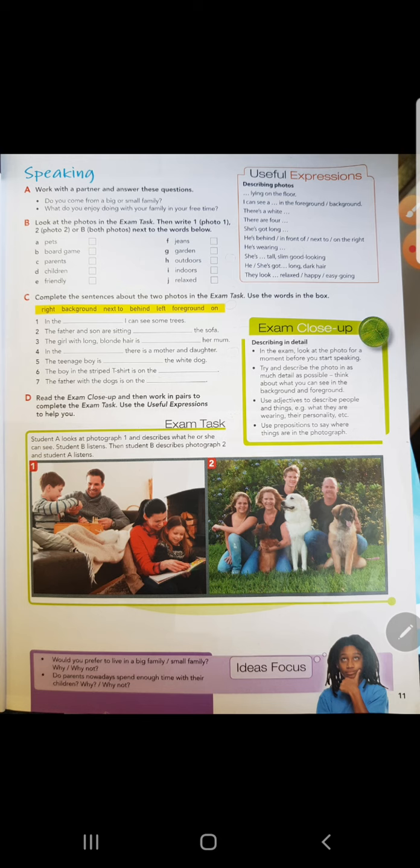They are wearing a t-shirt. Also, we have to use one or two adjectives to describe the clothes. For example, the color. They wear a red t-shirt, or they wear blue jeans.